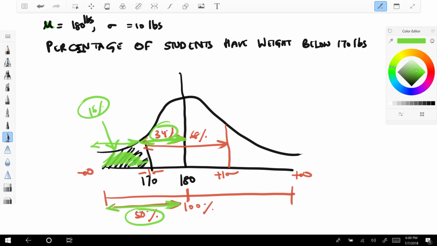So the percentage of students below 170 pounds is 16%. The answer is 16%.